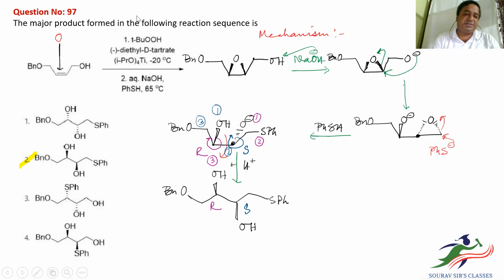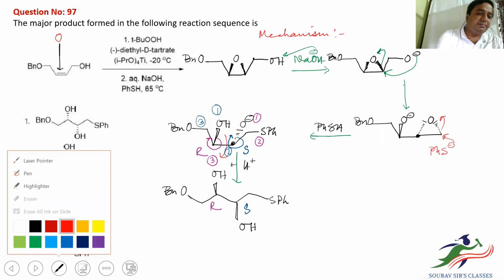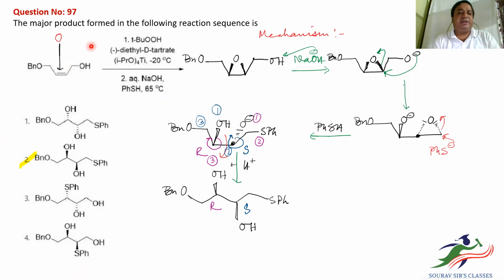Now, in this particular question, as we can see, it has been given to find out the major product formed in the following reaction sequence, where we have been given an alkene, which is substituted, and it has been treated with tertiary butyl hydroperoxide and with the minus DET, that is diethyl D-tartrate, and titanium isopropoxide.